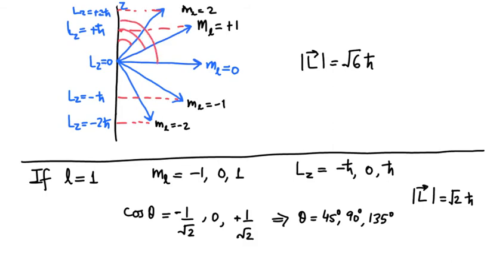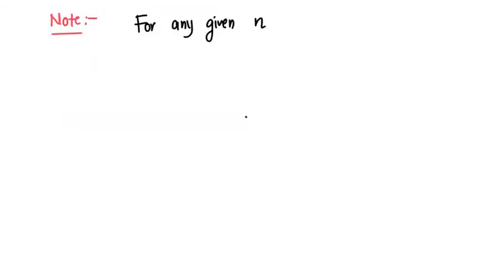Now, instead of the l value, like small l equals 1 or 2 in these 2 cases, if we give you the value of the principal quantum number n, what happens? How can you calculate then? For any given n, the l value can be 0 and so on, all the way up to n minus 1. So for example, if n is 2, then l can be 0 or 1.